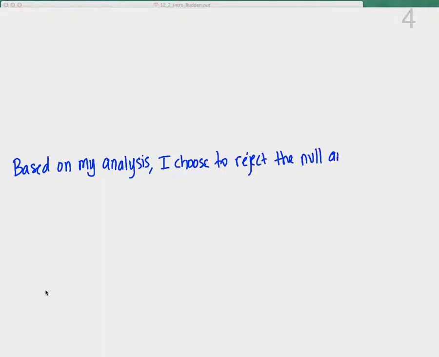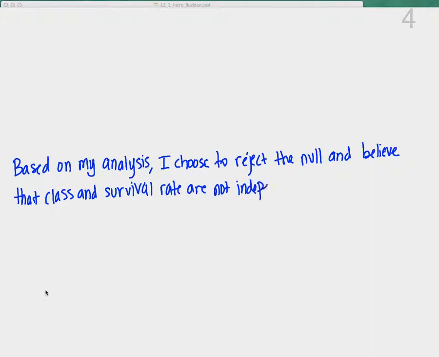So we're going to say, based on my analysis, I choose to reject the null and believe that class and survival rate are not independent. And that should probably be how you expected.